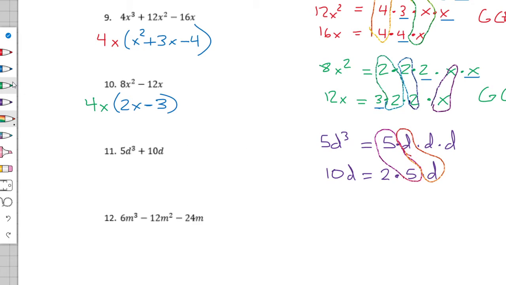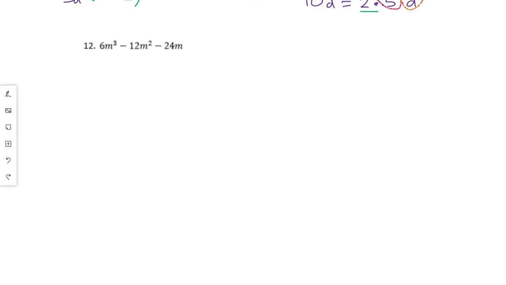So then our greatest common factor would be 5d. Pull the monomial out. And let's write what's left. So we have dd, so we have d squared plus what's left in the bottom, or the second term, that's going to be 2, so plus 2. And just a quick check, 5d times d squared, 5d cubed, 5d times 2, 10d, so it matches up. And then we got our last one.